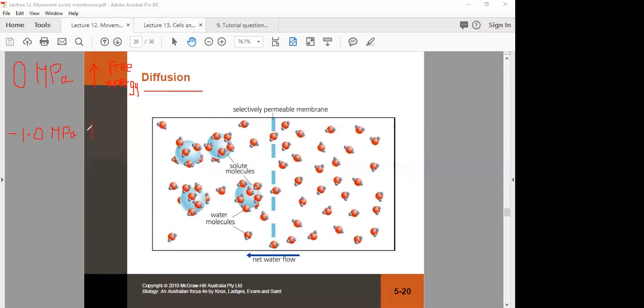Okay, lower free energy. So when we talk about osmosis, water will always move from a region of higher free energy of water to a region where there is a lower free energy of water.